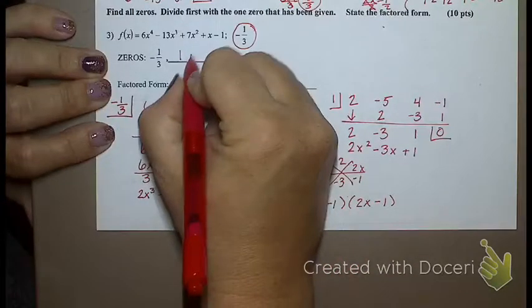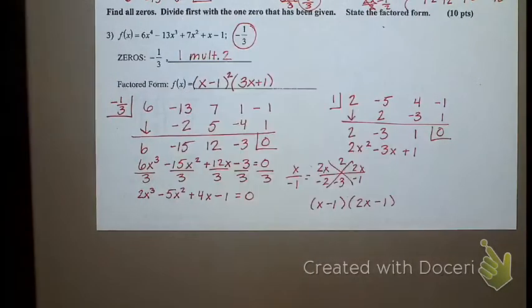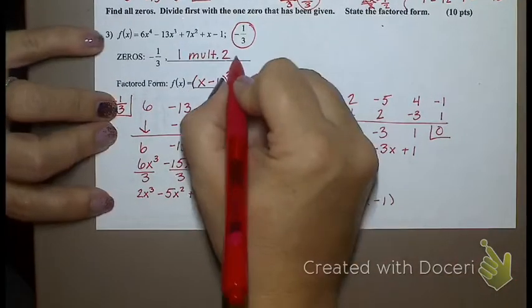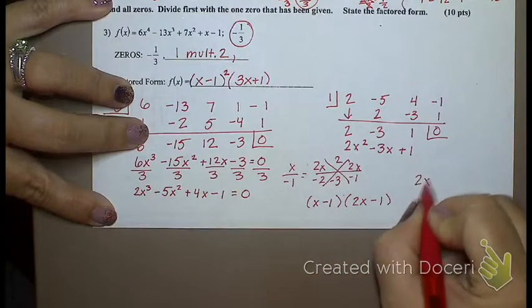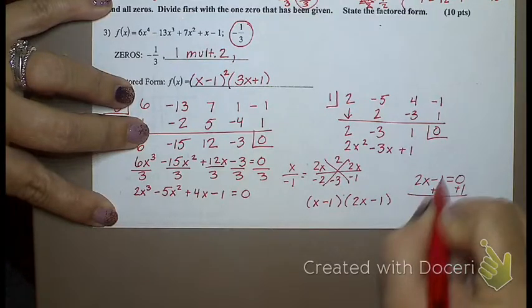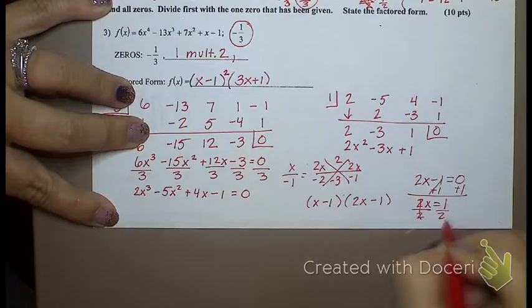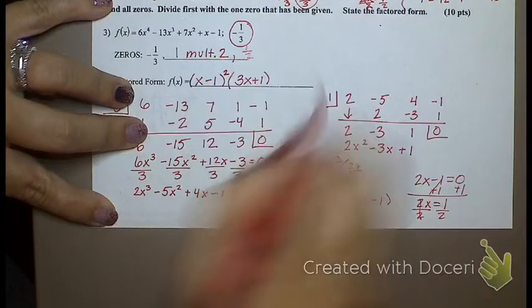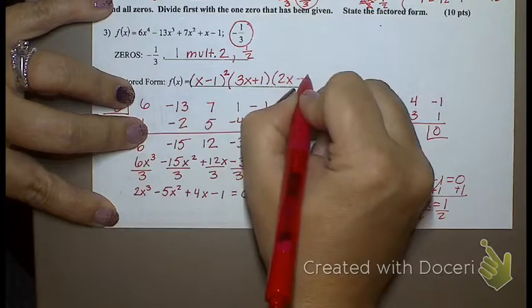And up here I have to note that it has a multiplicity of 2. Okay? And then the 2x minus 1, set that equal to 0. 2x equals 1. Divide by 2 and x equals what? 1/2. And that parentheses was 2x minus 1.